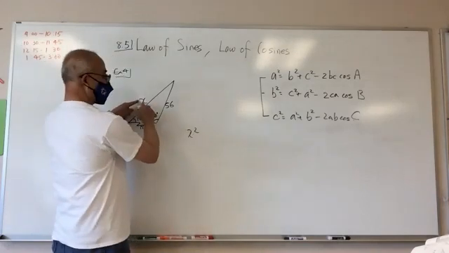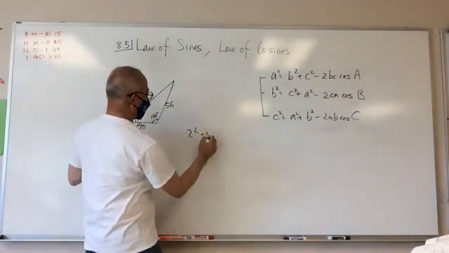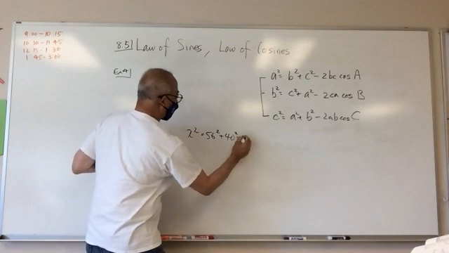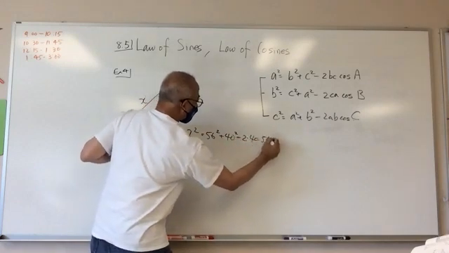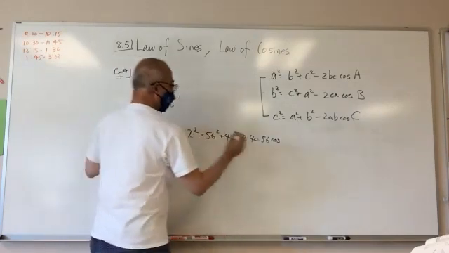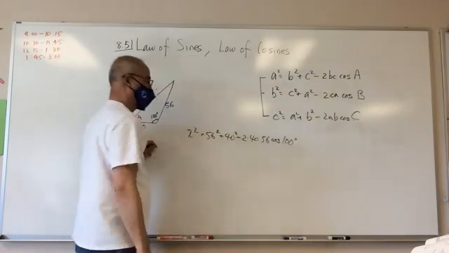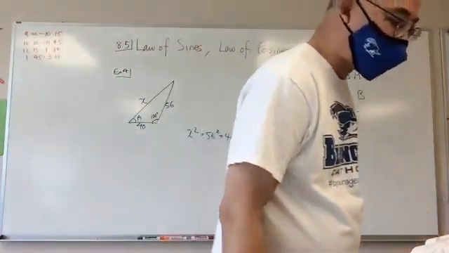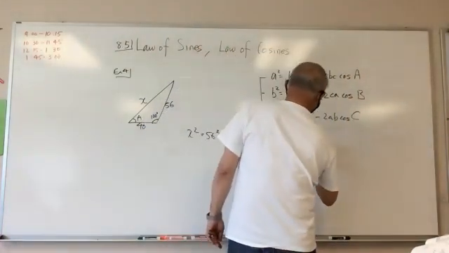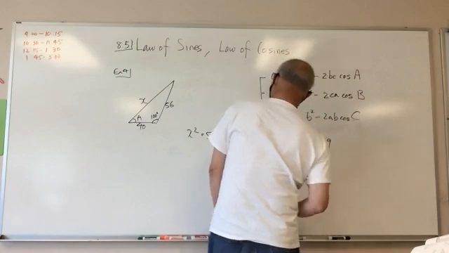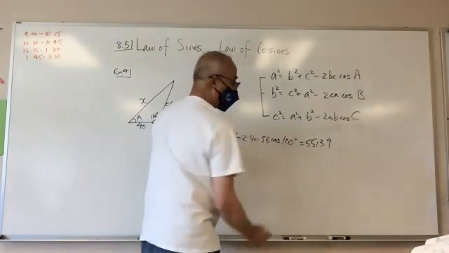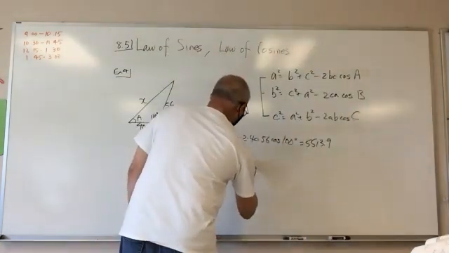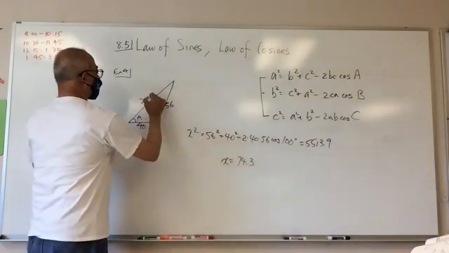X squared is 56 squared plus 40 squared minus 2 times 40 times 56 cosine of 100 degrees. If I do this, I'm going to get 5513.9, which means that x is going to be the square root of this. With the square root, I'm going to get 74.3. So this guy here is going to be 74.3.